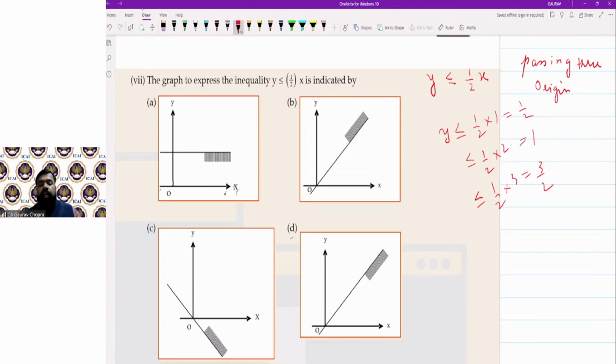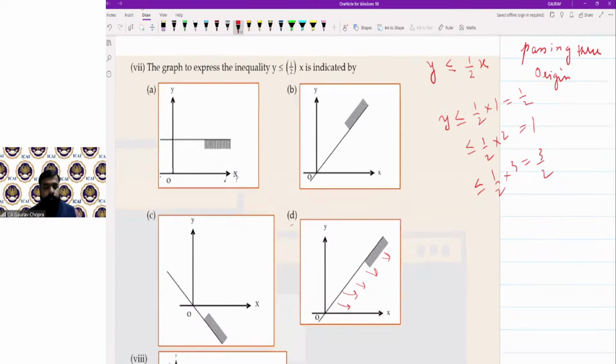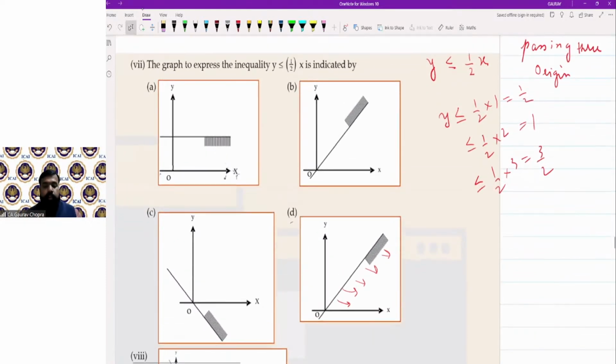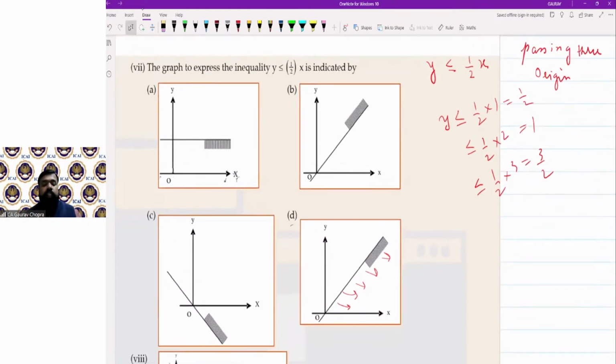And here x is greater. Then the required area will be the outside area, which is where x is positive, because here x is positive. So y was less than equal to half of x. In this case, the required area will be this outside area.